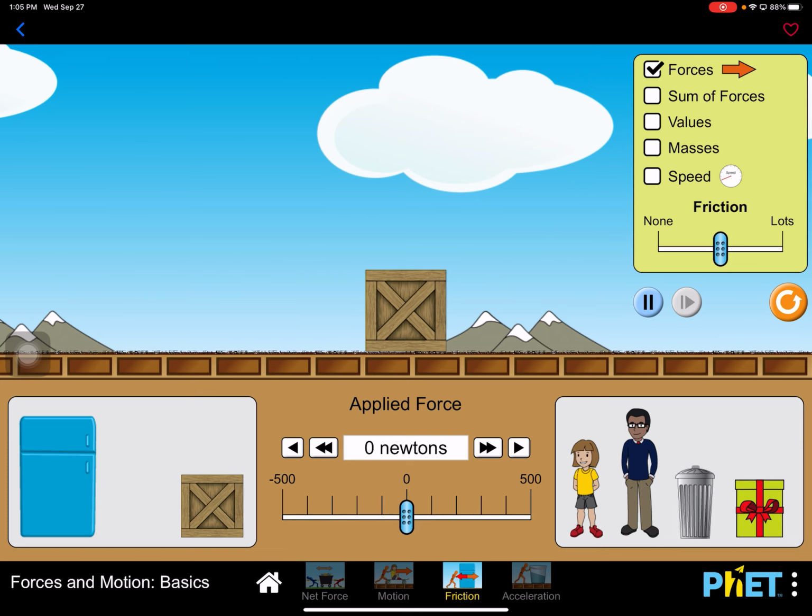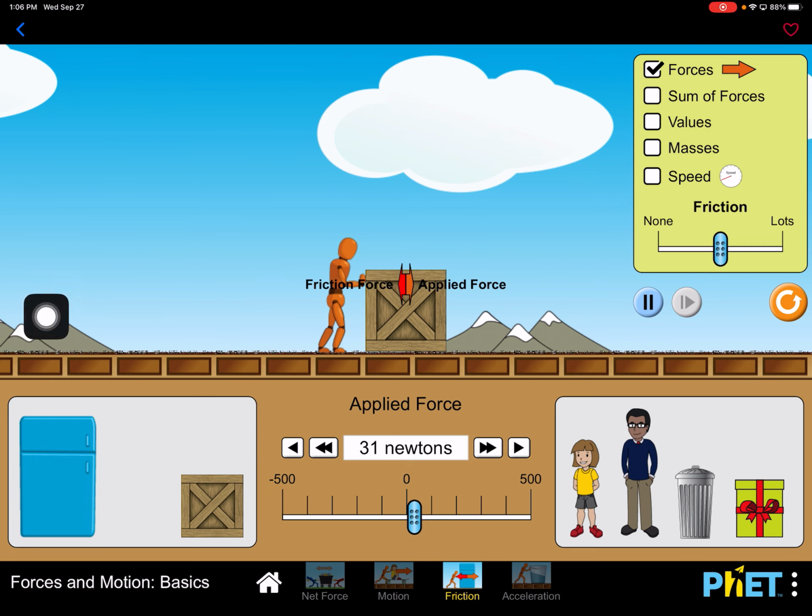Is the friction force between two objects always going to be constant, or does it change depending on the applied force? Once it's moving, it's constant. That's called the kinetic friction force. But let's say I apply a static friction force. Right now you can see that I've applied a force of 30 newtons, and the friction force is equal to that.